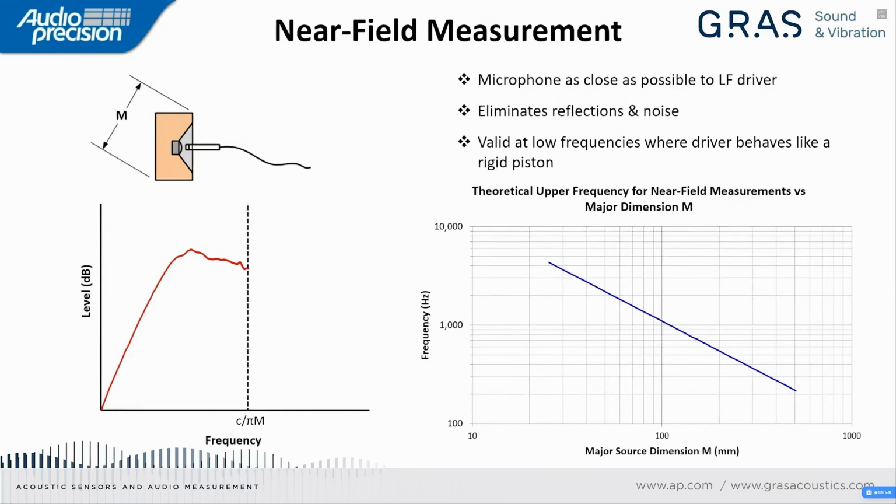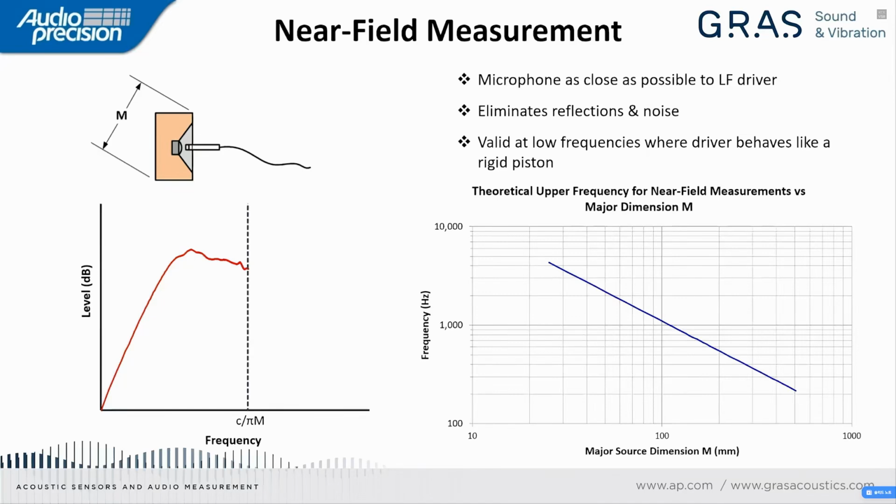So one method to overcome this, for the low frequency part of the free field response, is to do a near field measurement. For this, we want to put the microphone as close as possible to the low frequency driver. This eliminates reflection and noise, valid at low frequency because the driver behaves like a rigid piston.